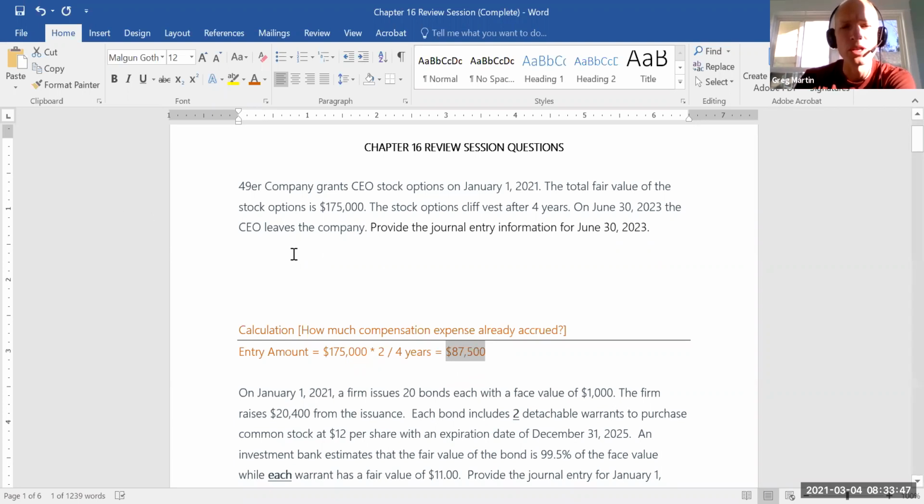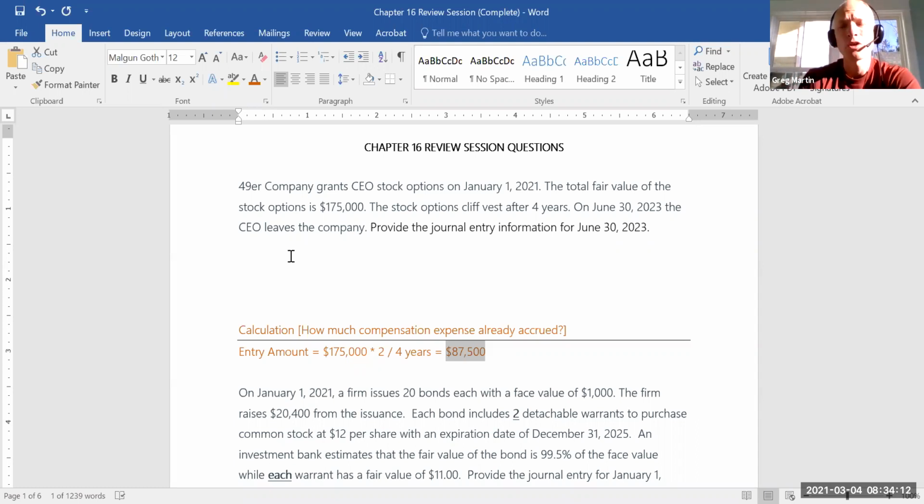The other piece is the accounts. Whenever an employee leaves, whether in this situation or with restricted stock, you're trying to unwind, to undo the previous entry. There would have been a debit to compensation expense and a credit to paid in capital stock options at the end of each year.